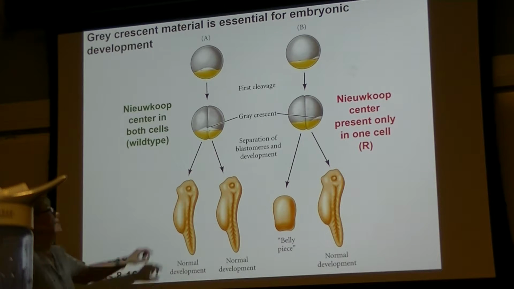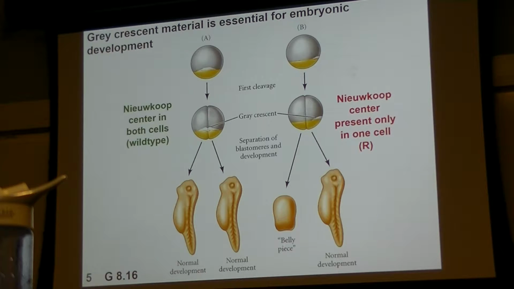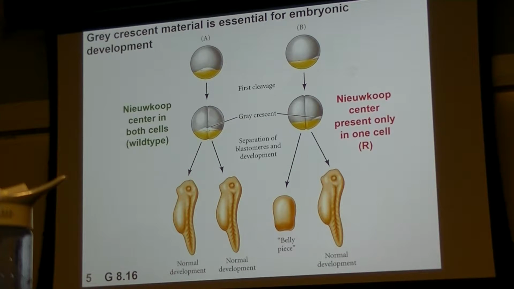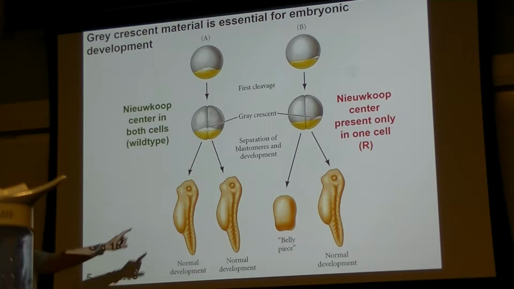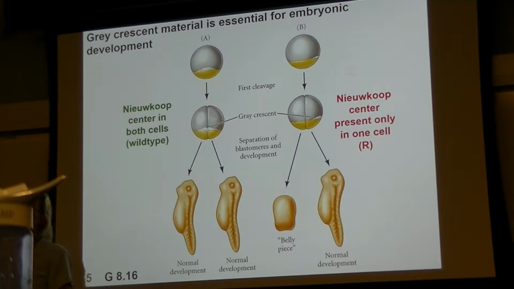If you separate the two cells and then allow them to develop on their own, they do actually survive, continue to make daughter cells, and each of them will make an embryo that has pretty much normal body patterns. That would imply that each of the daughter cells of this two-cell stage has enough information to go ahead and decide a dorsal and a ventral and an anterior and a posterior situation as time goes by.